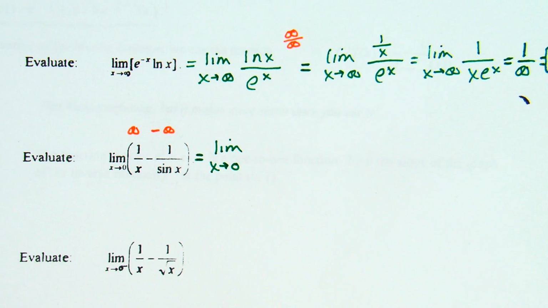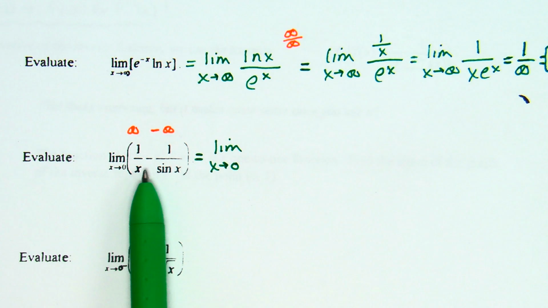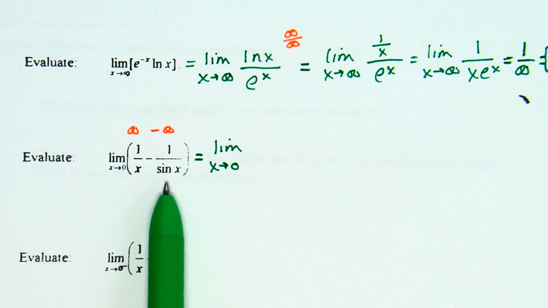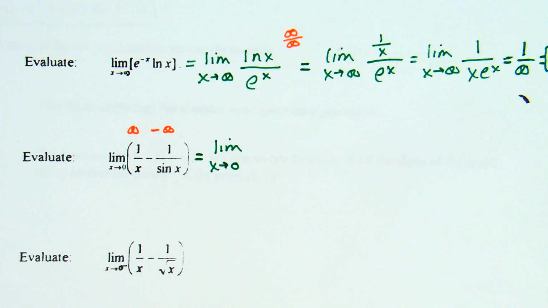My brain just works better in sine. Regardless, we're still going to have a common denominator and put this together as one fraction. In my brain, it would work better to put x and sine x together as my common denominator. I work better with sine than cosecant, especially if I'm going to have to take the derivative. I'd rather take the derivative of sine than cosecant.